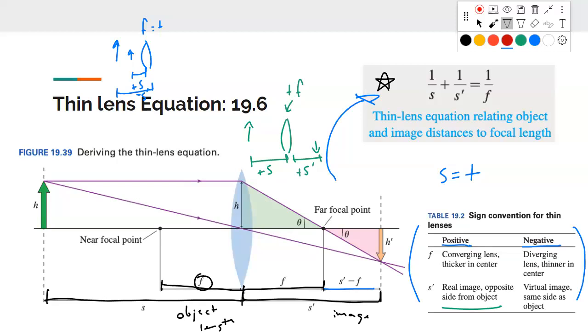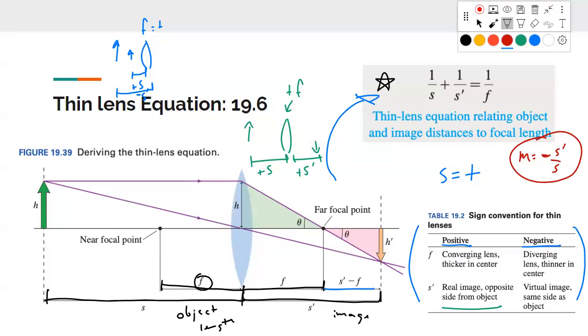So remember, we have this magnification equation that's negative s prime over s. So what we can see is that if both our object length and image length are positive, or if both are negative, then our magnification is negative, and that would tell you that the image is flipped upside down. But if either the object length or the image length is negative, but not the other, then the negatives would cancel and our magnification would be positive.